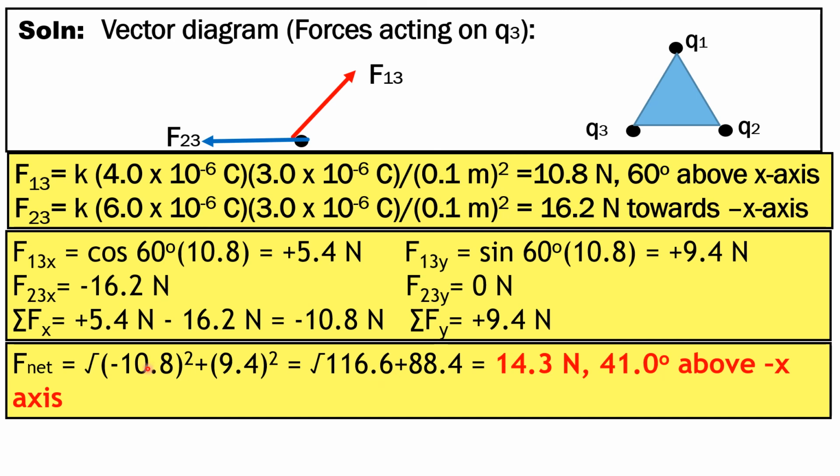Substituting, the square of 10.8 is equal to 116.6, and the square of 9.4 is 88.4. Getting the square root of the sum, we will get 14.3 newtons as the amount of the net force.